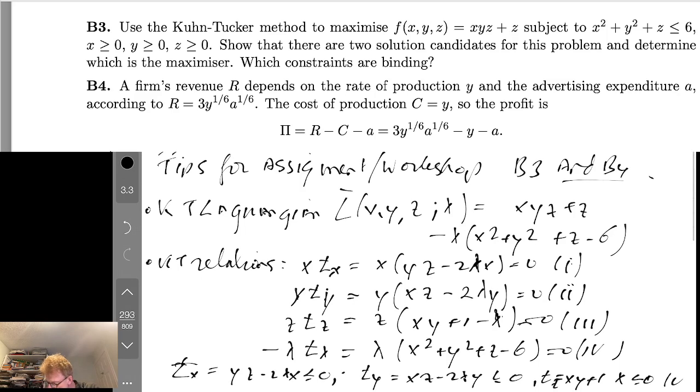We call that 5. And then x bigger or equal than 0, y bigger or equal than 0, z bigger or equal than 0, and lambda bigger or equal than 0. We call that 6.